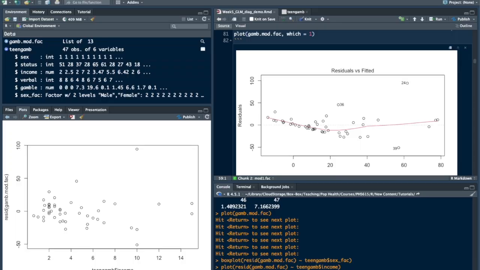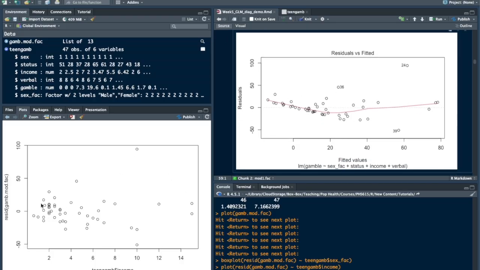Okay. Now this looks a lot better. Again, we've got that person, that's person 24 again. But this looks a lot better, even than the full model. Very flat, very much all the residuals are contained within a box, except for that one.